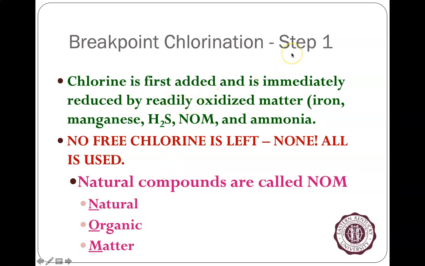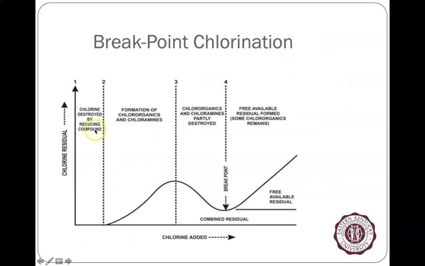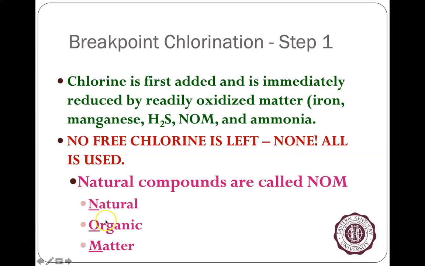So step 1 in breakpoint chlorination, that's this one. Chlorine is added and it's immediately reduced by stuff like iron, manganese, hydrogen sulfide, natural organic matter, ammonia. There are all kinds of other things that will react with the chlorine and enable the chlorine to become essentially useless for disinfection.